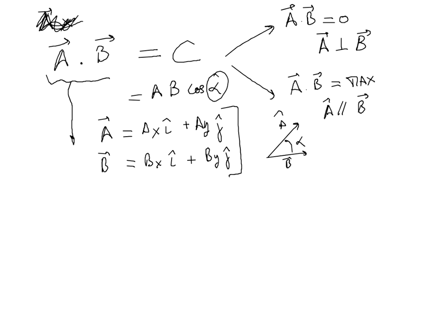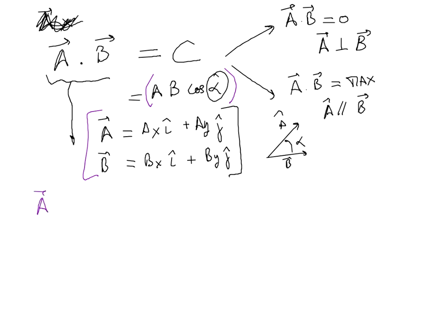If we have A in component notation, we know the angle between A and our X or Y axis, and if we have B in component notation, we know the angle between B and either our X or Y axis. We don't have to go ahead and try to figure out, based on the orientation of A and B, what is that stupid angle between the two. It's a waste of time. So I'm going to neglect and ignore this definition. Instead, I'm just going to use this one.